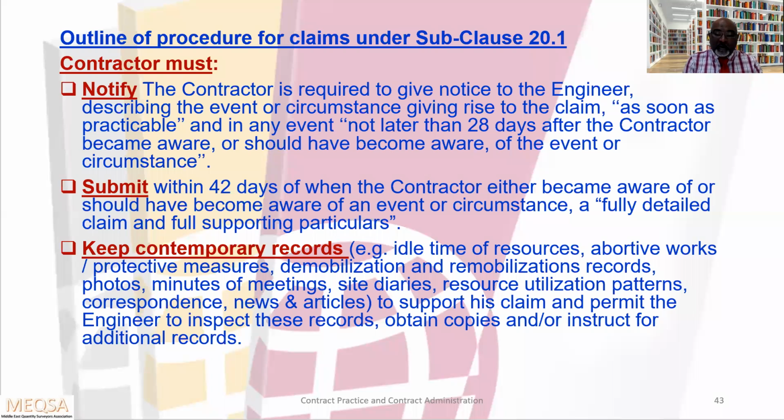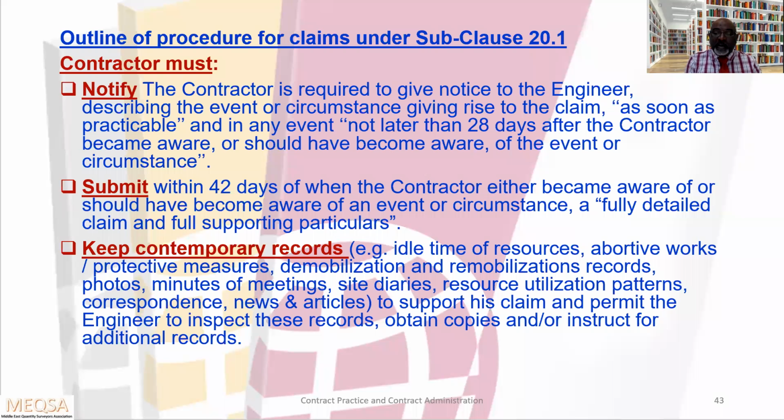Keep contemporary records. Example, idle time of resources, abortive works, protective measures, demobilization and remobilization records, photos, minutes of meeting, site diaries, resource utilization patterns, correspondence, news and articles to support his claim and permit the engineer to inspect these records.